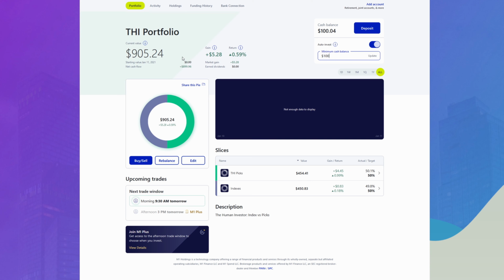We are interested in long-term investing, not trading, and that's really what M1 Finance is geared towards. You're not going to be in and out of stocks frequently. With the default free account, you're making trades once a day in the morning, and if you were to purchase the M1 Plus subscription, you would gain access to quite a few other features, including an additional trading window.